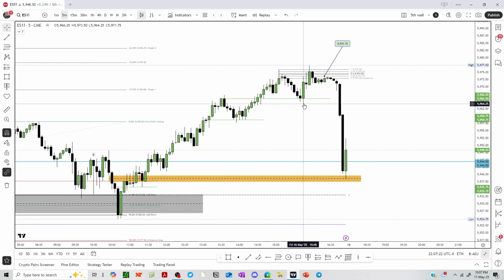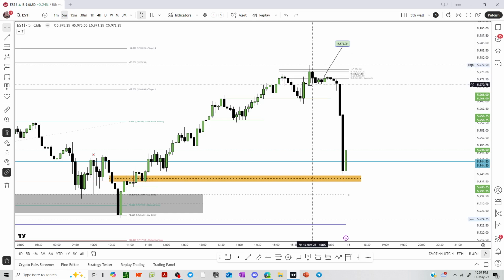You have a pullback here. The bodies are respecting the opening price here. And you got to drive higher at the 1545 into 1555. Taking out sell side.